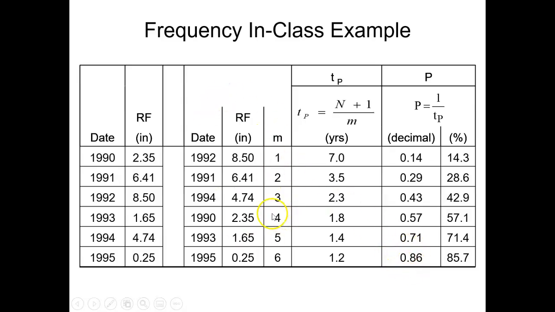Based on these 6 years, we could have hit 6 really rainy years or 6 really dry years, but just based on our data, we would estimate that each year there'd be about an 86% chance of having a storm of 0.25 or bigger. You say, well, wait a minute, 0.25 is a lot smaller than 1.65. Yeah, but that's all the data we have, so we have to go from that. As we get more data, we can modify that.